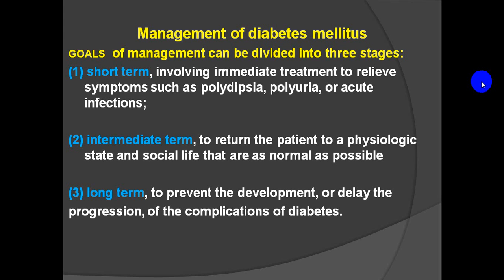The other stage is the intermediate term, to return the patient to a physiological state and social life that are as normal as possible. And the third stage of management of diabetes mellitus is the long term one. It is to prevent the development or delay the progression of the complications of diabetes mellitus.